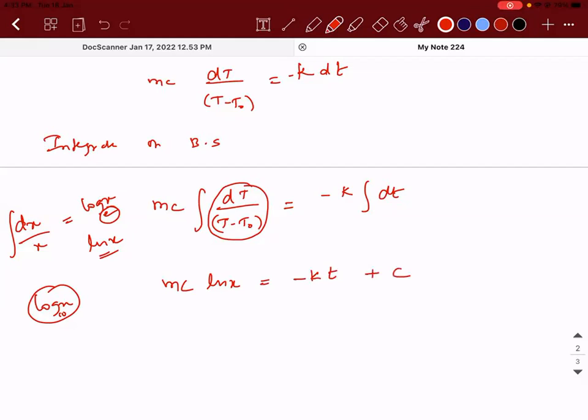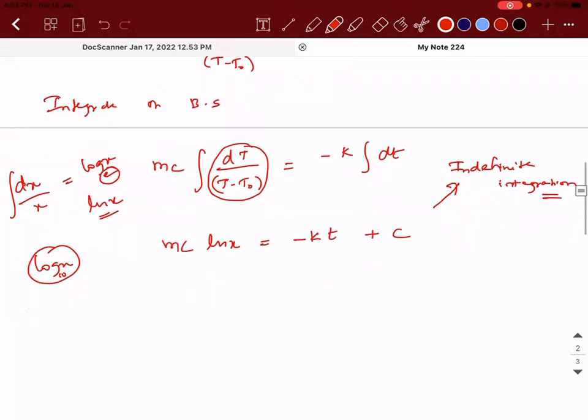So any idea why I added c? Sir, C came from integration, because we applied indefinite integration. Definite means you will take the limit. Since we did indefinite integration, we need to take the c into consideration.